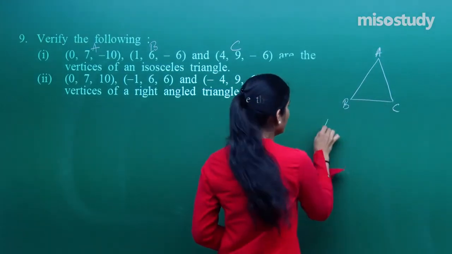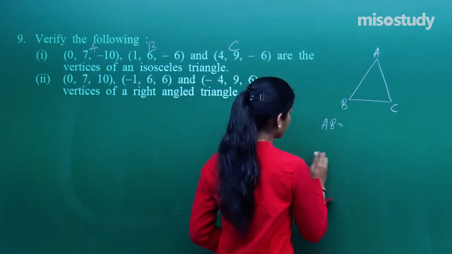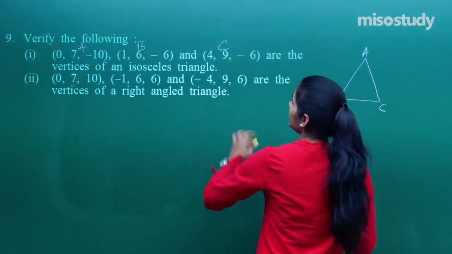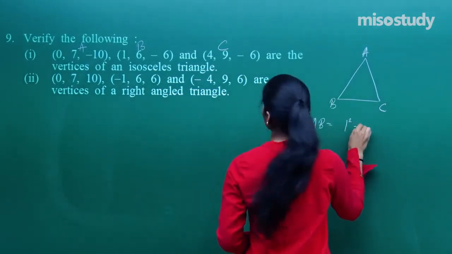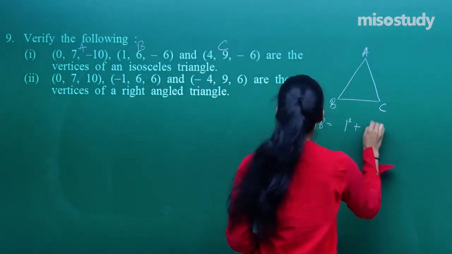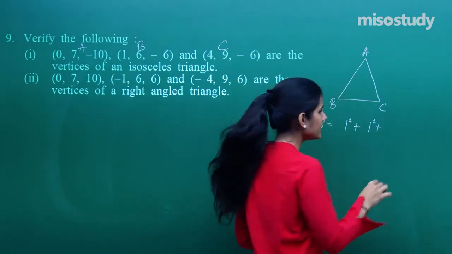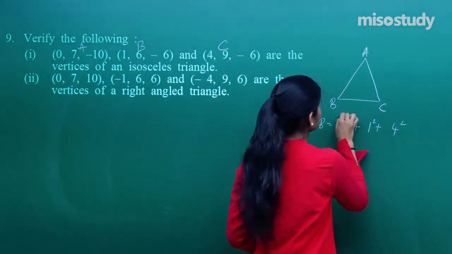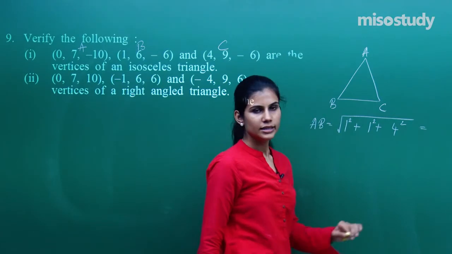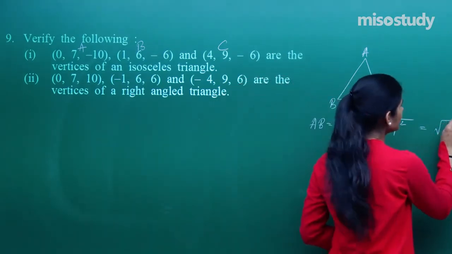Let's do that. What is AB? AB is 1 minus 0 whole square plus 6 minus 7 whole square plus minus 6 plus 10, minus 6 plus 10 is 4, whole square. Square root. 16, 17, 18, this is root 18.